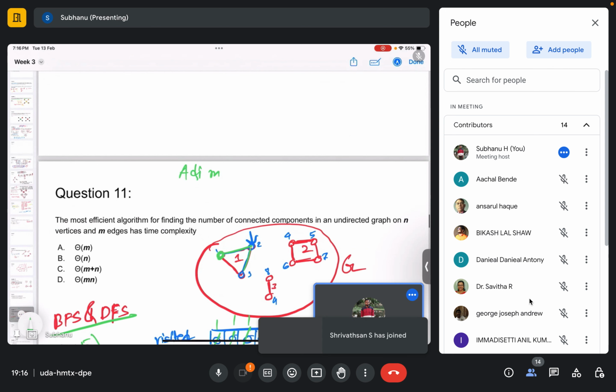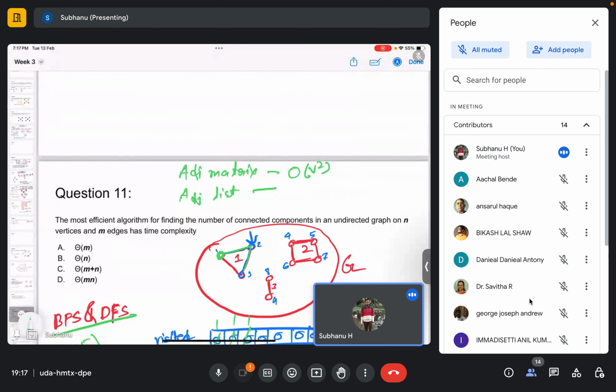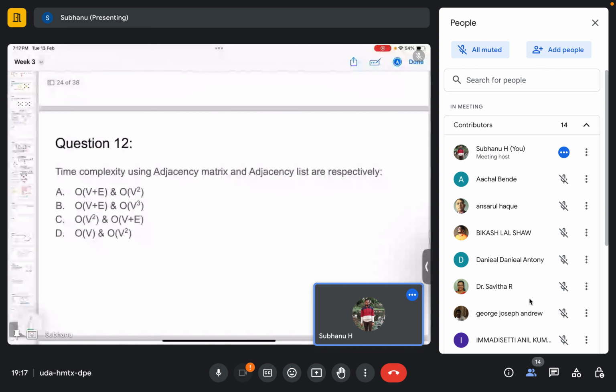In matrix you will get order of V square and with the list you get order of V plus E. So V here means N and E means M, so this is the correct answer. The next question is why the algorithm is order of V square and order of V plus E.